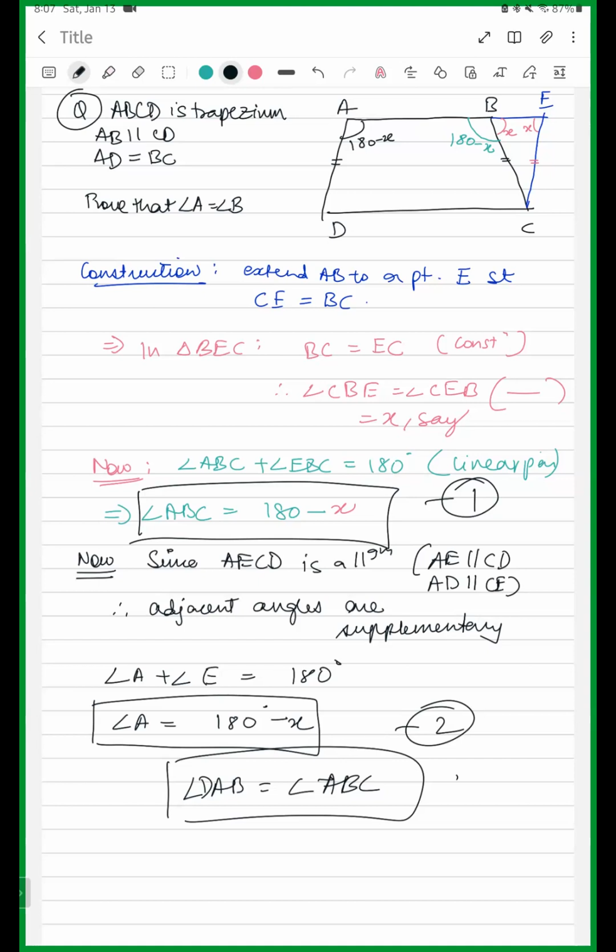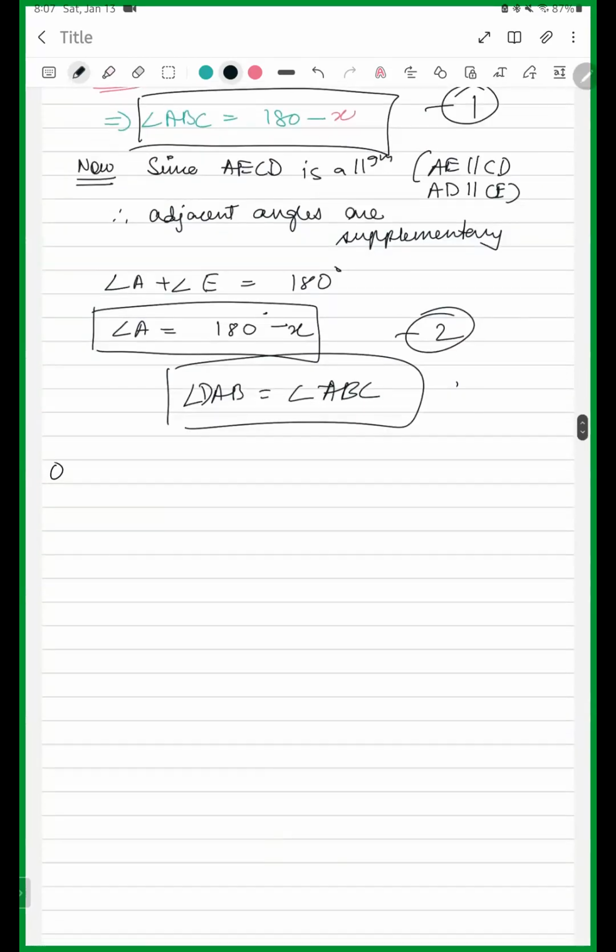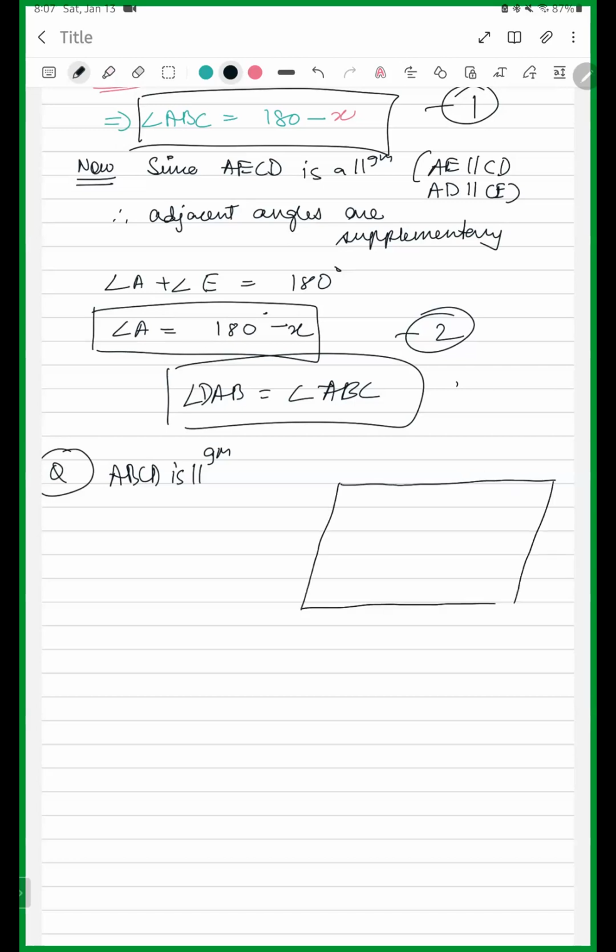Okay, let's do this one. ABCD is a parallelogram and angle DAB is 60. This is 30, this is 30, this is 60, this is 60.